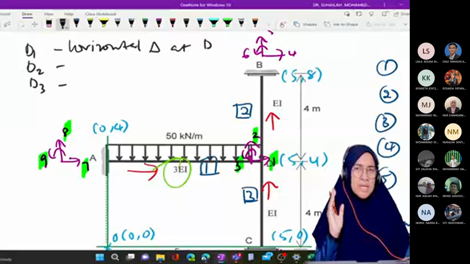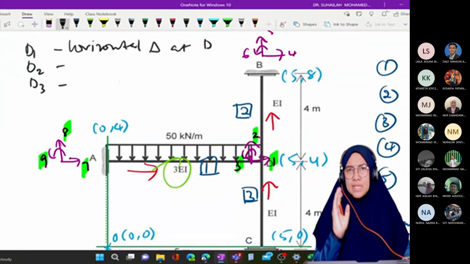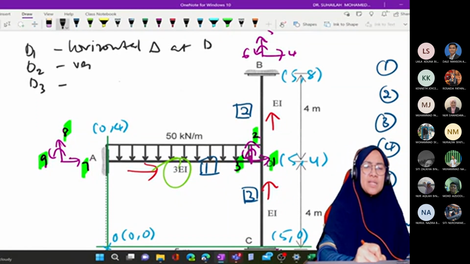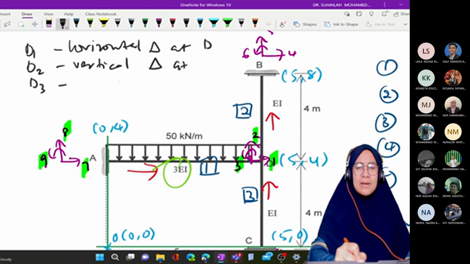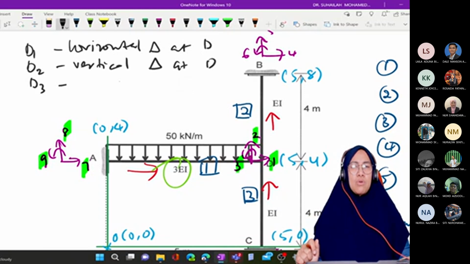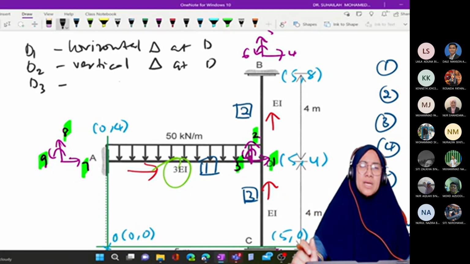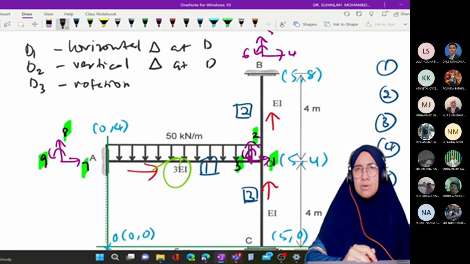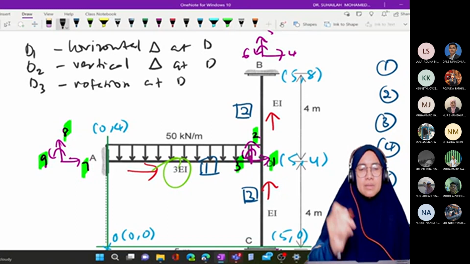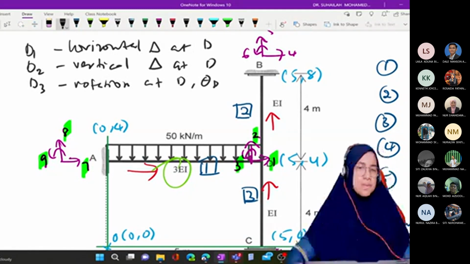D2 is in the vertical component, so it is vertical deflection at D. And D3, in the Z component, is a rotation, the rotational displacement at D. And rotation at D is theta D.